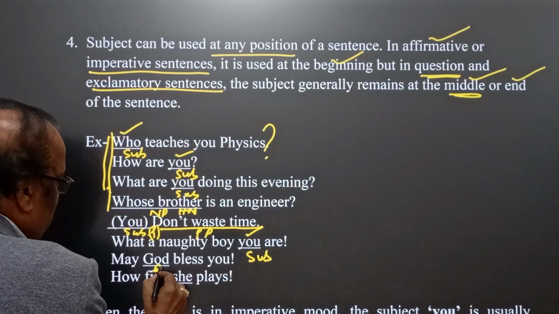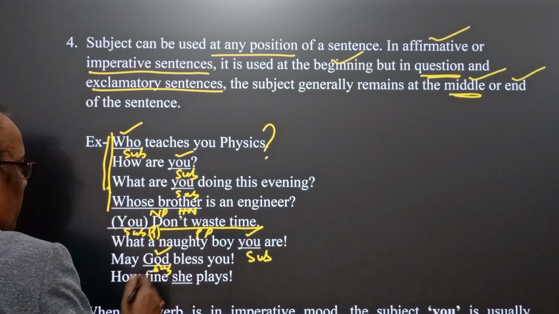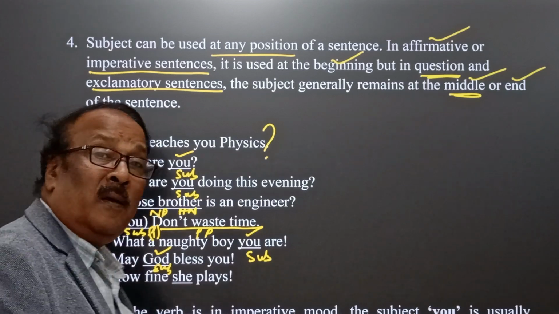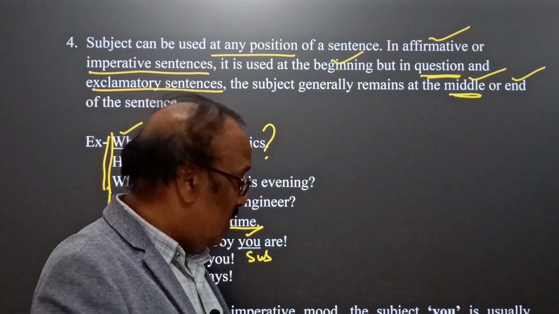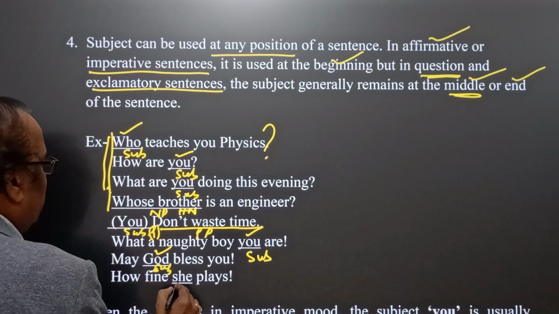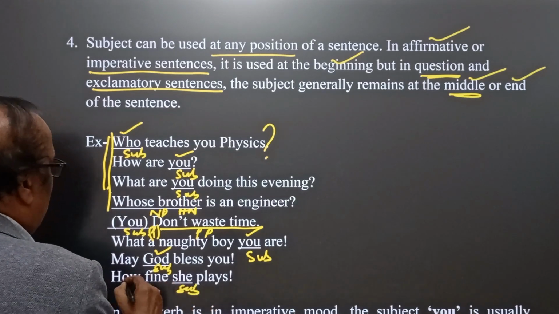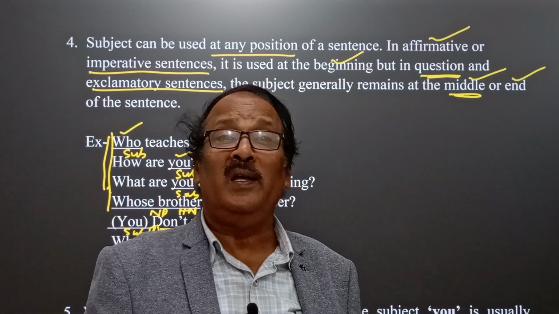God is the subject, and remains in the middle. This is my wish, my prayer. And here, how fine she plays. She is the subject. It means she plays very fine.